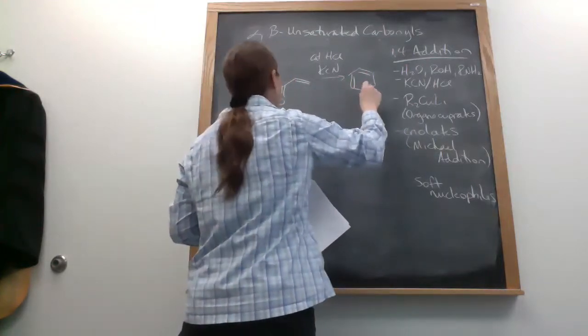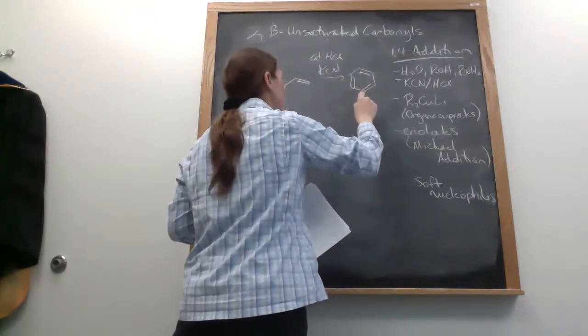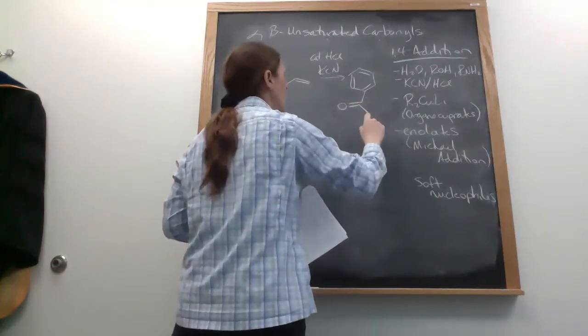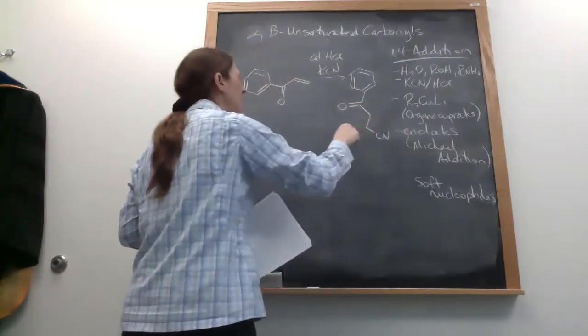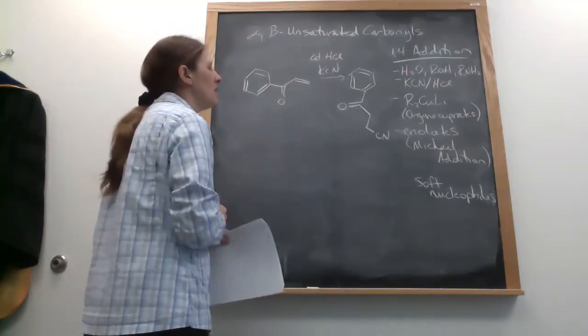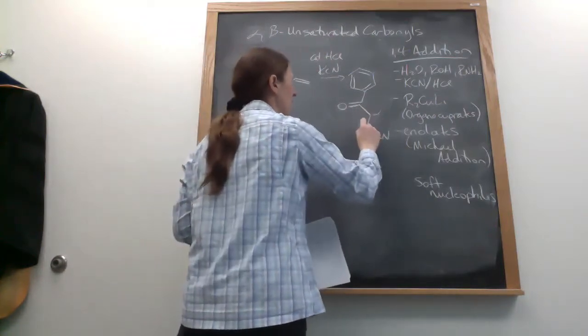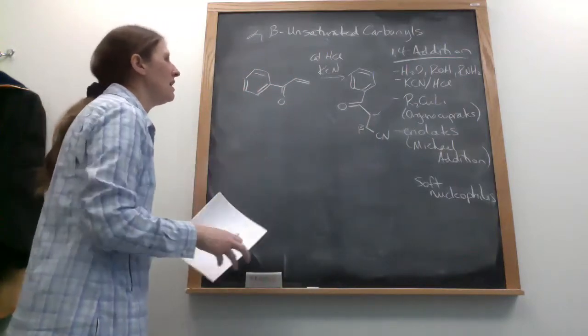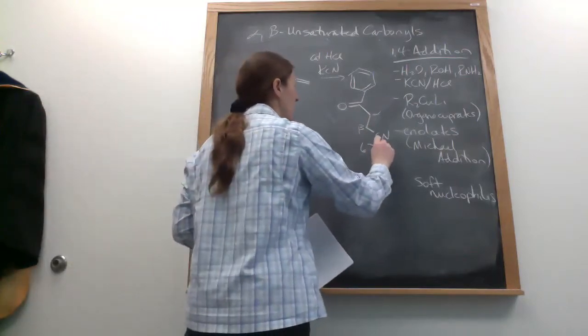So what does that look like? It means that my carbonyl stays intact, and where I added was to the beta carbon. So again, reorienting, I add to the beta carbon. Not a bad idea to number, or at least indicate alpha and beta. And again, these go pretty well, 67% yield.